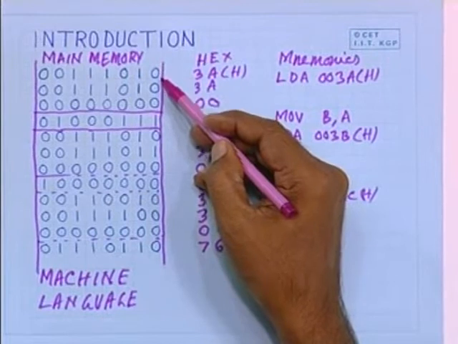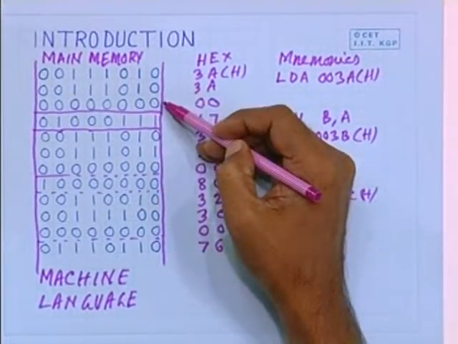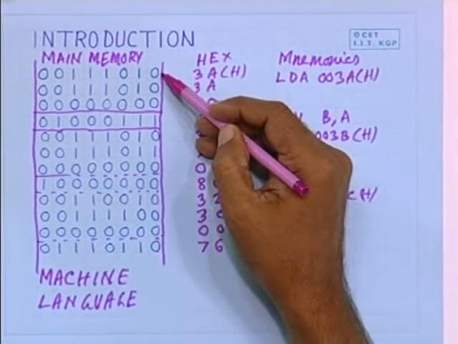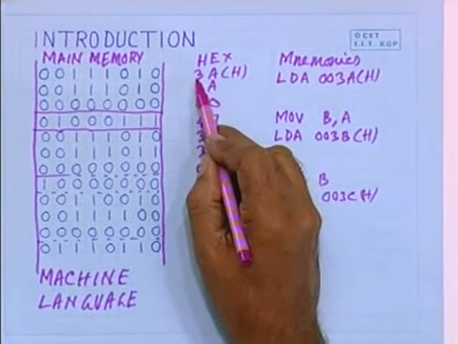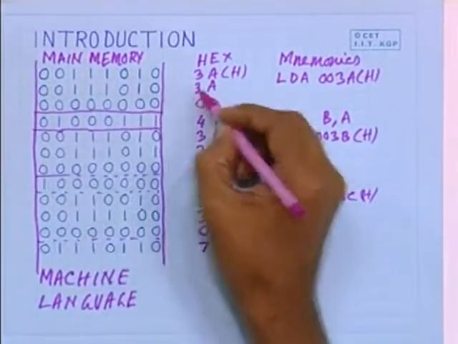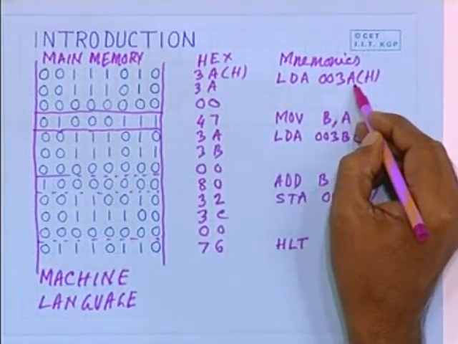the instructions, as they are fetched one after the other from the memory locations, are interpreted by the microprocessor. Now, we can see 3A is the opcode. On the other hand, 3A is also part of the address. That means the same thing may represent an opcode, or may represent some address or data. It all depends on how it is interpreted inside the CPU.